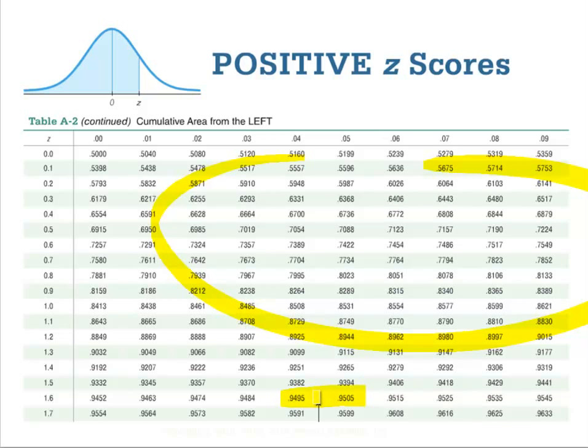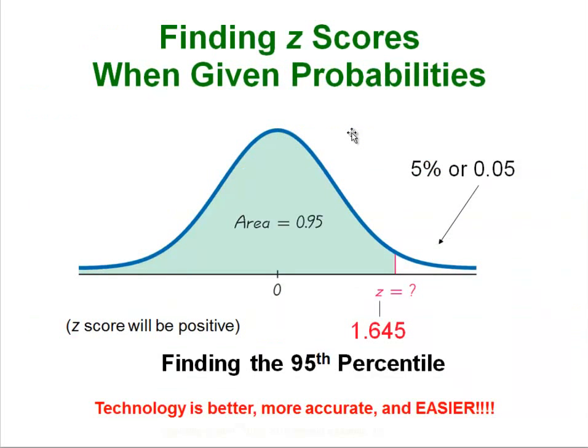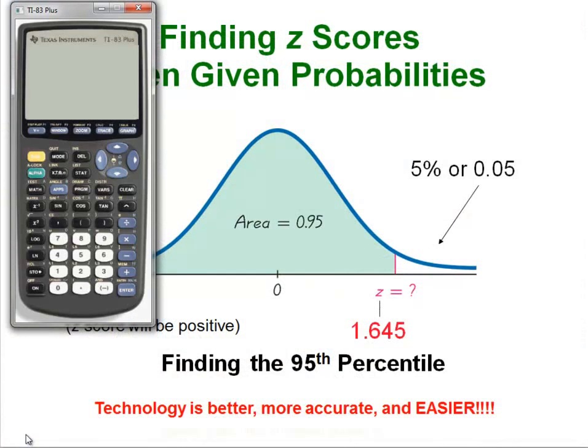It's got to be in between, and so that means it's 1.645, so it's in between those two, so you do 1.645, right? And that's what they did here, 1.645. But just like the other things, technology can do this, and it can do it better and more accurately.